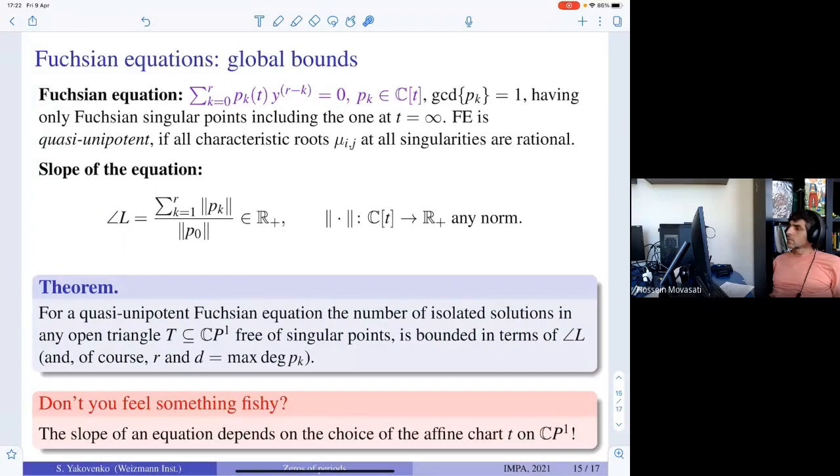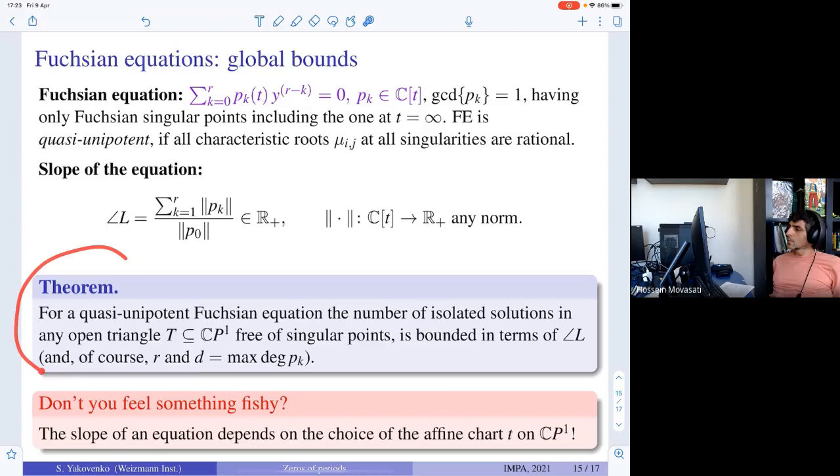This is the relative magnitude of the non-principal, non-leading coefficients relative to the leading coefficient. So this is, again, a zero-order homogeneous expression. And we can choose any norm on the space of polynomials. For instance, the L infinity norm or the L1 norm, the results will all be the same.